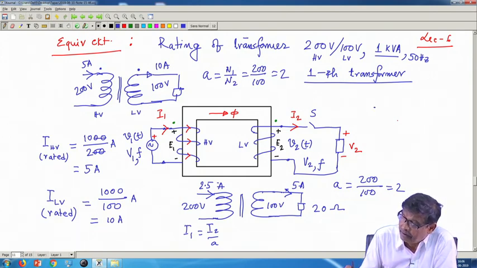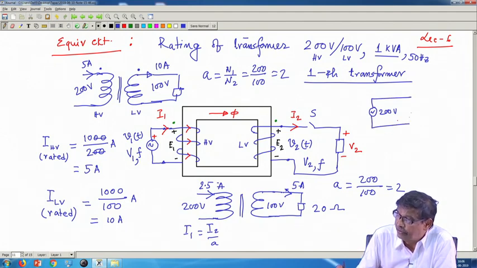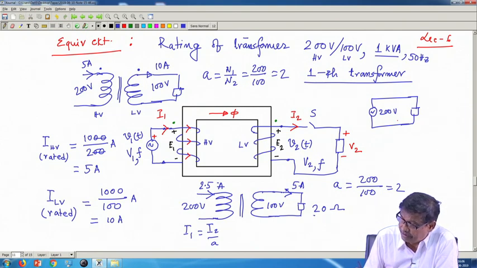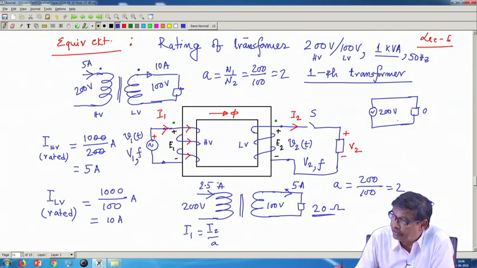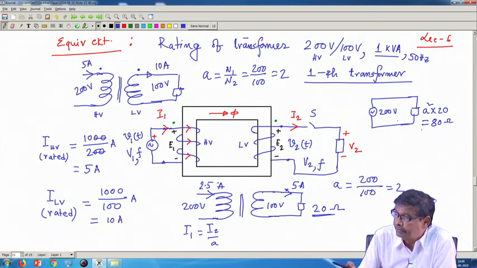It will be a source 200 volt, and across it you have connected an impedance. For this, if you have connected 20 ohm, I will say you have connected an impedance of A square into 20, that is equal to 80 ohm. A is 2, 80 ohm, and 200 by 80. So, this current is 2.5.